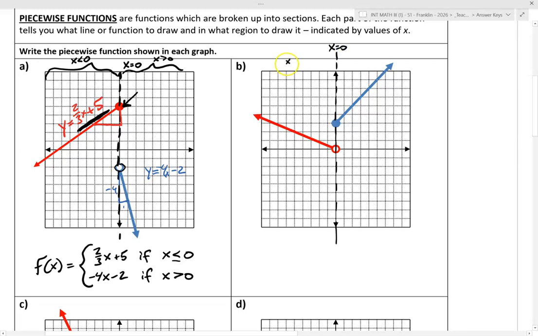And so again, we have the left-hand side where x is less than 0 and the right-hand side where x is greater than 0. For our red line on the left here, it starts at 0. And it looks like it has a slope of -2/5.